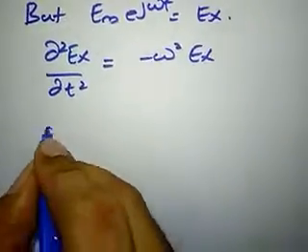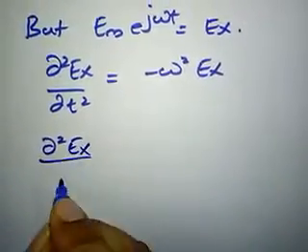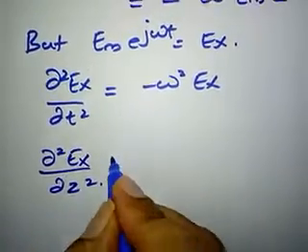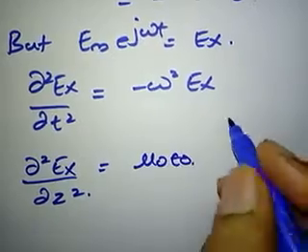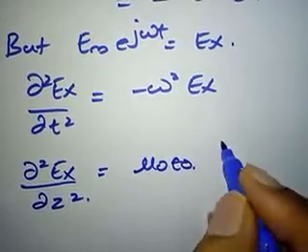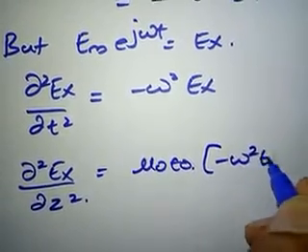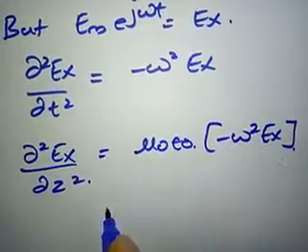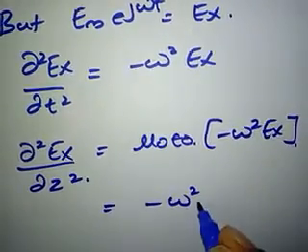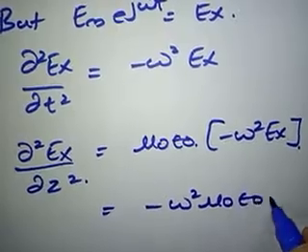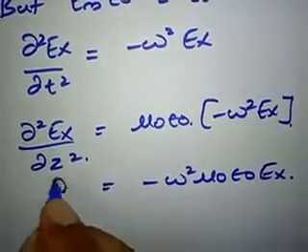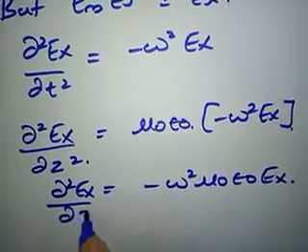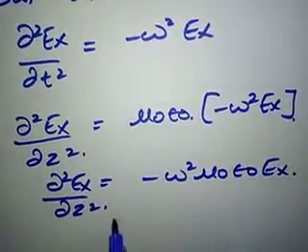Dou square Ex by dou t square is nothing but minus omega square Ex, right? So dou square Ex upon dou z square will be equal to minus omega square mu naught epsilon naught Ex.